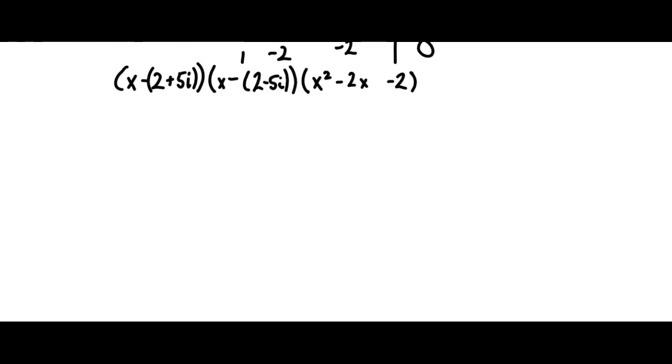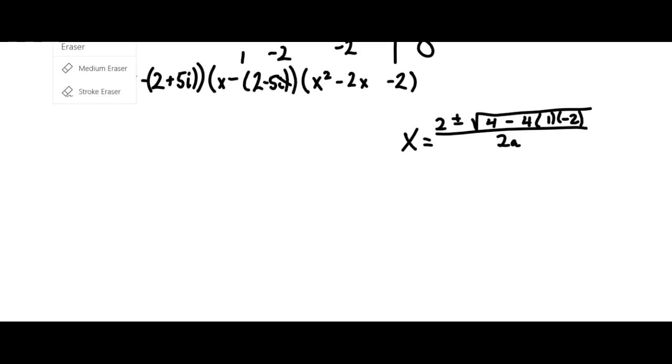So let's go ahead and do that. x equals the opposite of b, so 2 plus or minus the square root of b squared, which is 4, minus 4 times a times c, so 4 times 1 times negative 2, all over 2a, which is just 2 because a is 1 in this case.